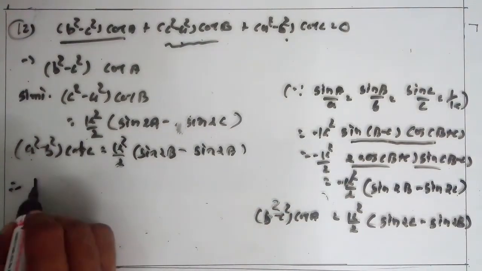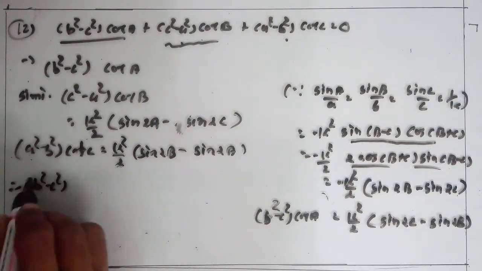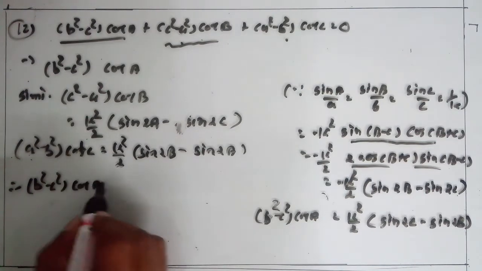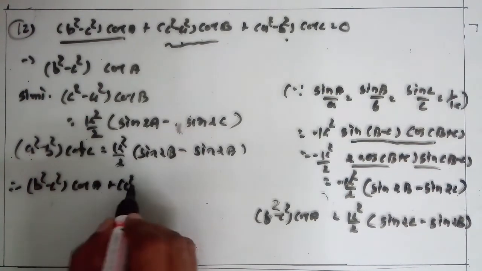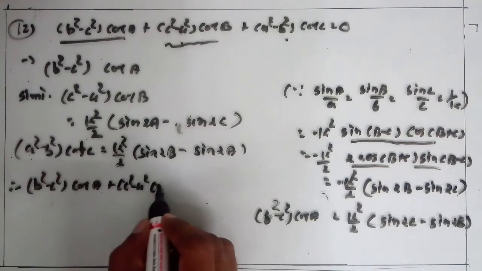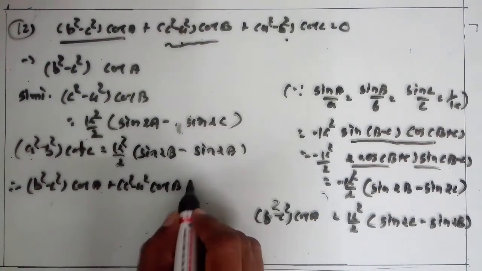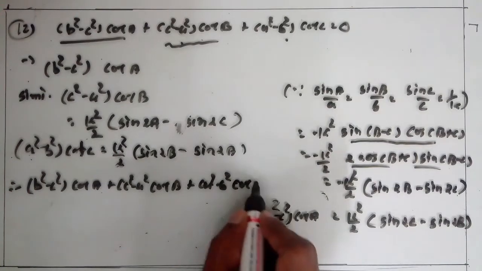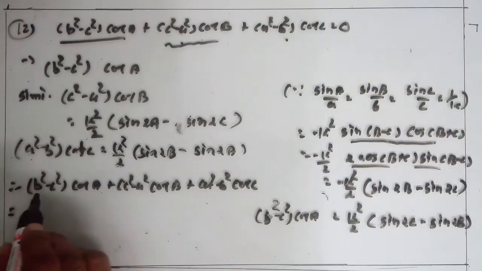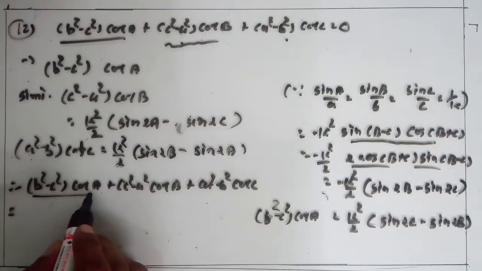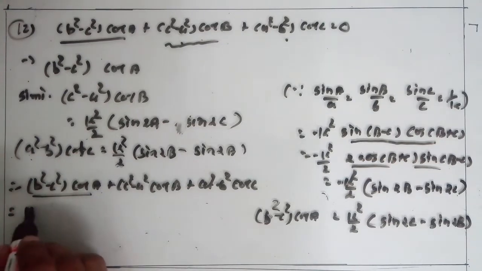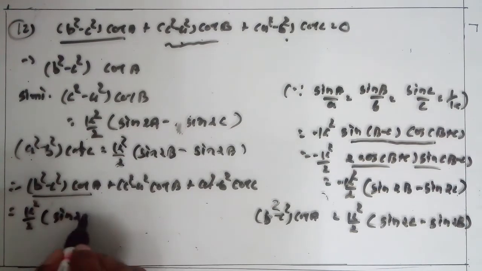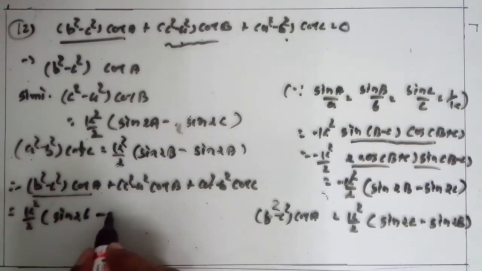Therefore, (b² − c²) cot A + (c² − a²) cot B + (a² − b²) cot C is equal to these terms: (b² − c²) cot A is equal to k²/2 (sin 2C − sin 2B).